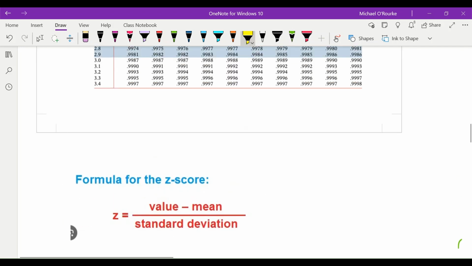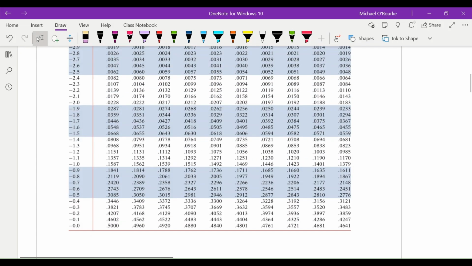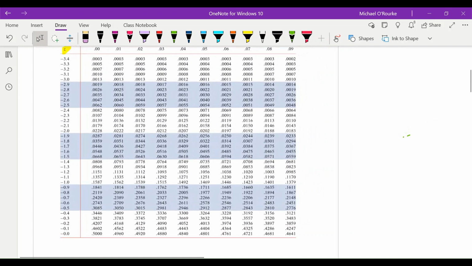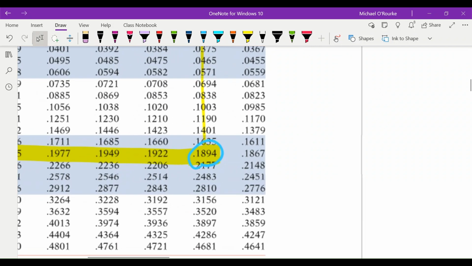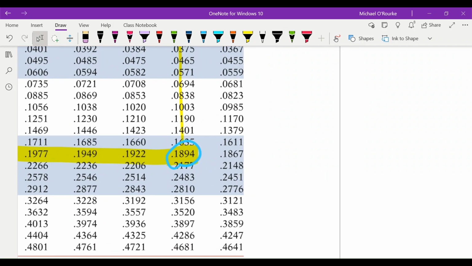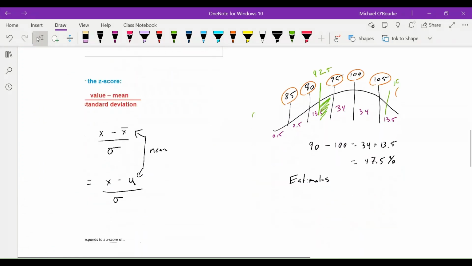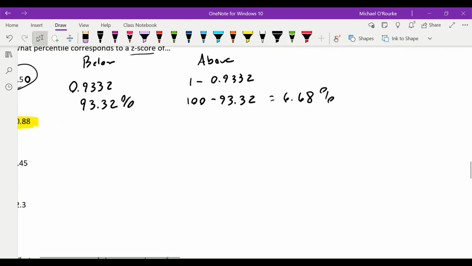Right? So negative 0.88 now. I'll zoom in here. So negative 0.8 here. Then I'm going to go over, and there's where my two combine right here. 0.8194 or 81.94%.